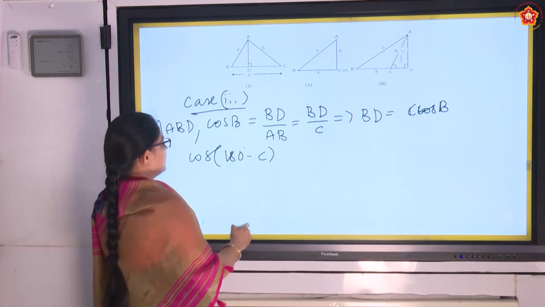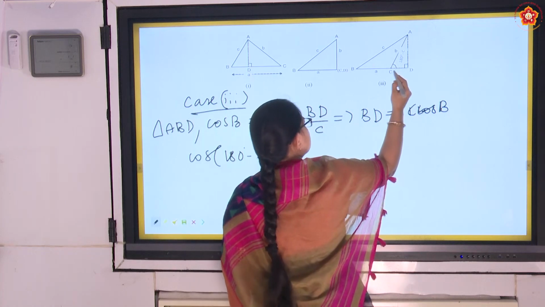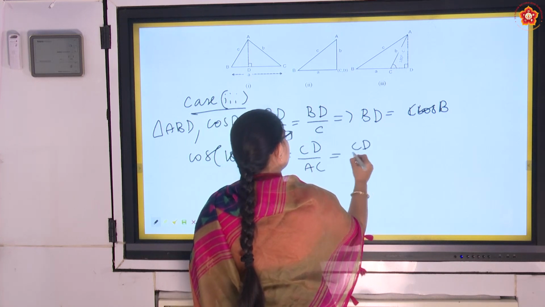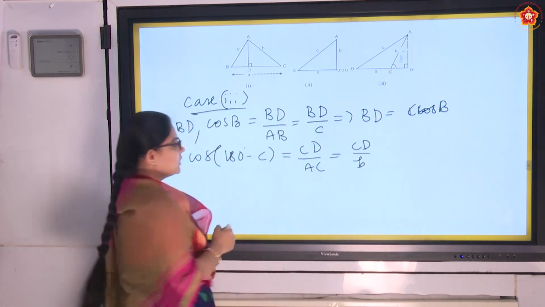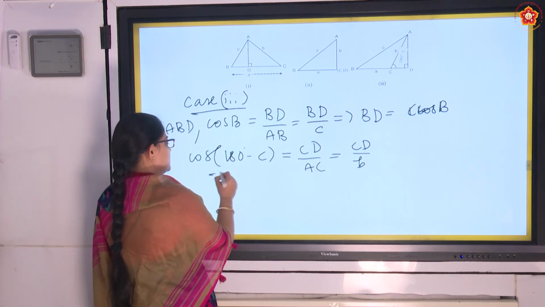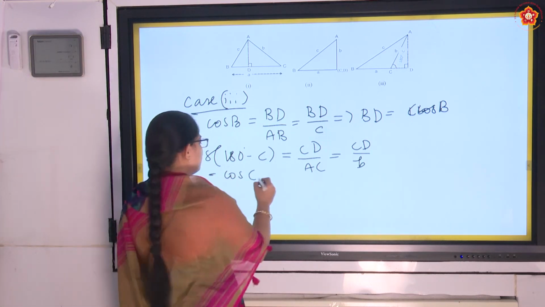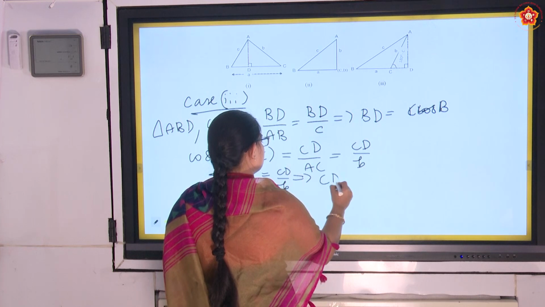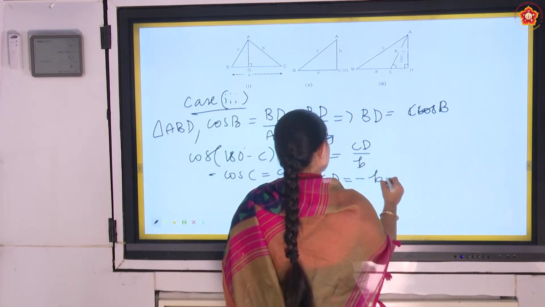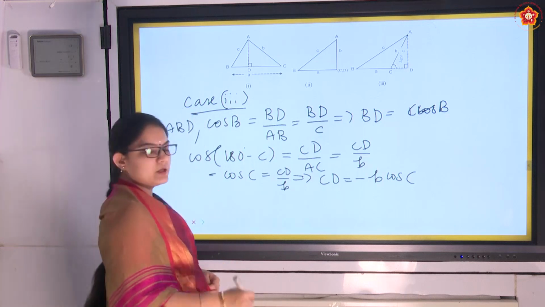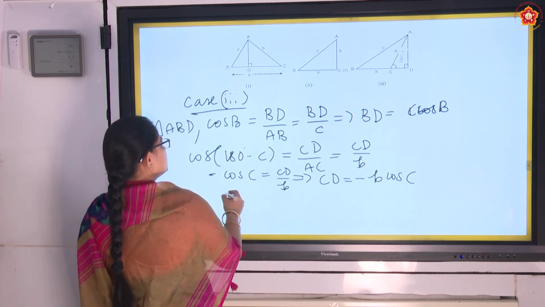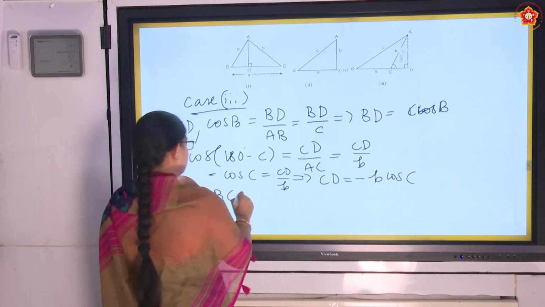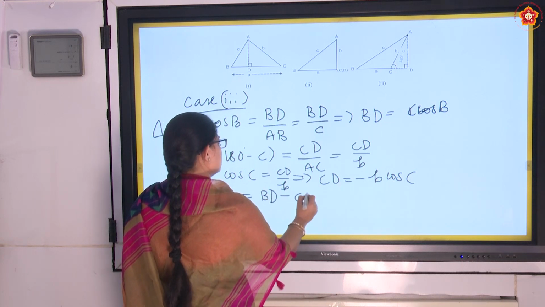That is adjacent side CD by hypotenuse AC, that is CD by B. And cos 180 minus C is minus cos C. So, minus cos C is equal to CD by B, or CD is equal to minus B cos C. Now, let us find out what is BC, because we need to know what is A.